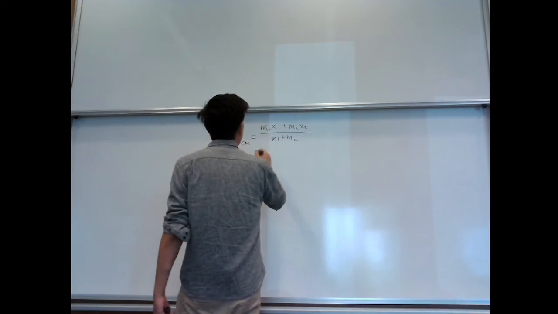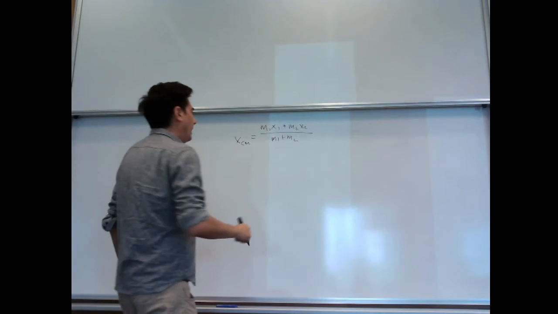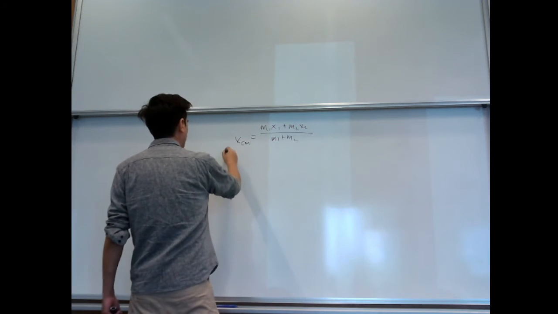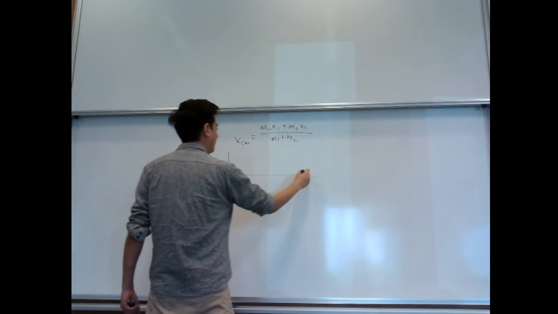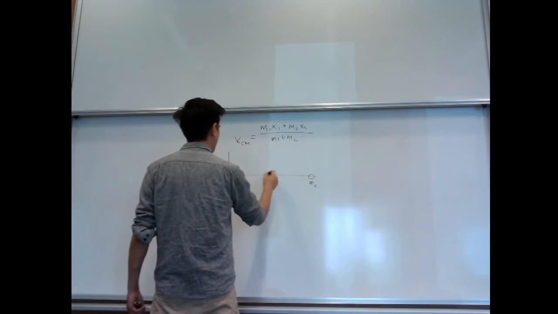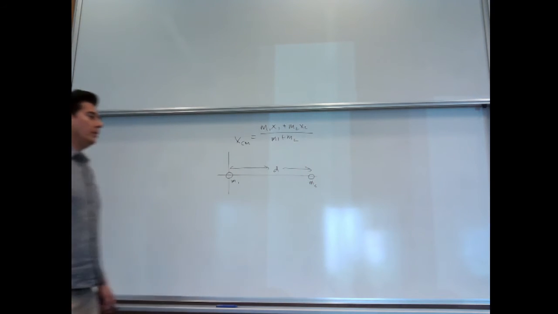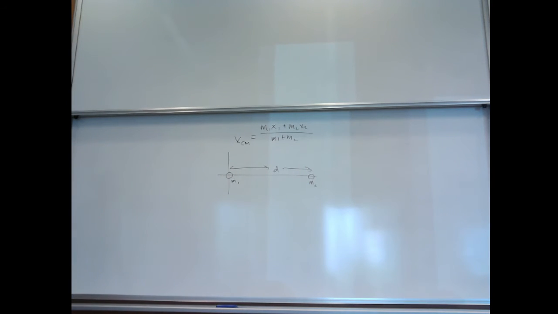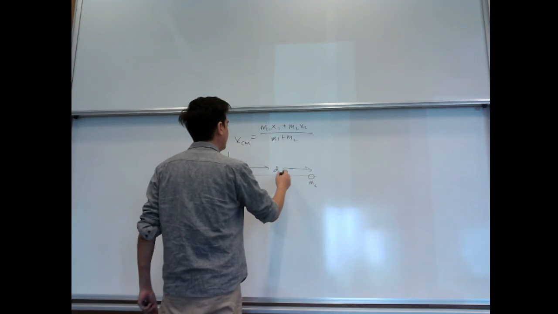Yeah. Okay, so that's the formula for the center of mass. Say we've got one object here and another object here, and the distance here is this. We can look at a couple of simple examples.